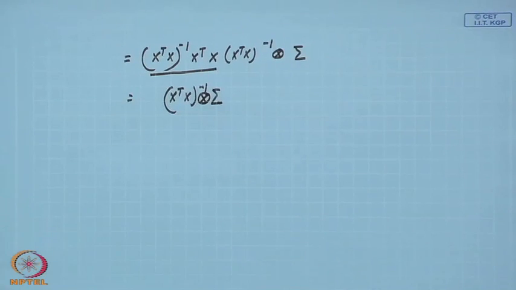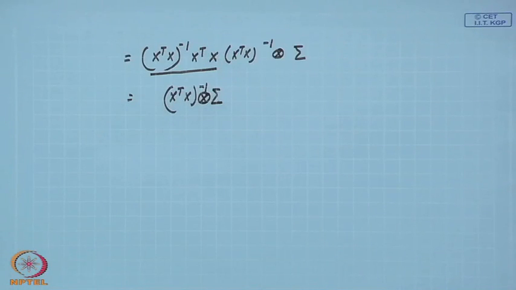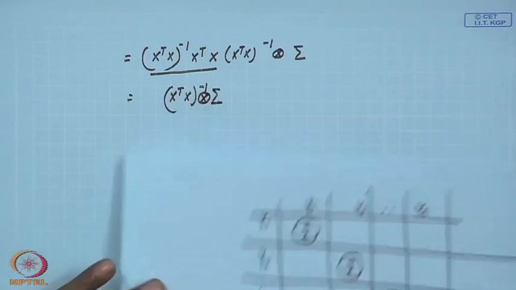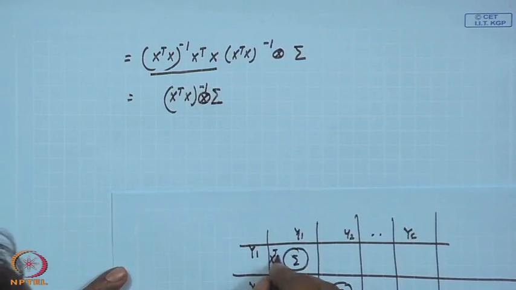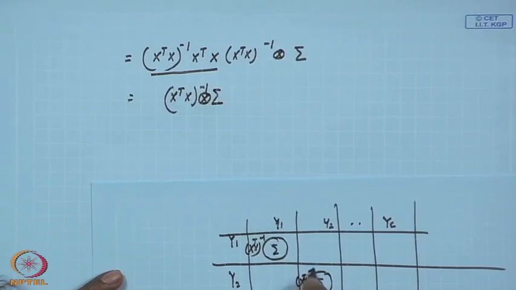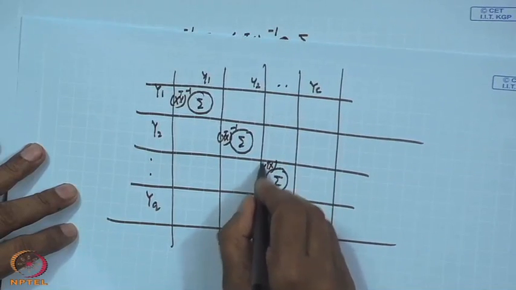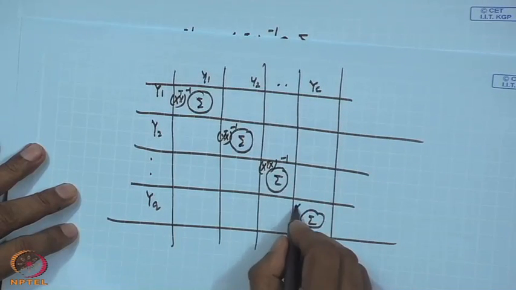Why this? For every y, X transpose X will be multiplied to every y. Here it will be X transpose X inverse, here also, here also. Everywhere it will be multiplied.